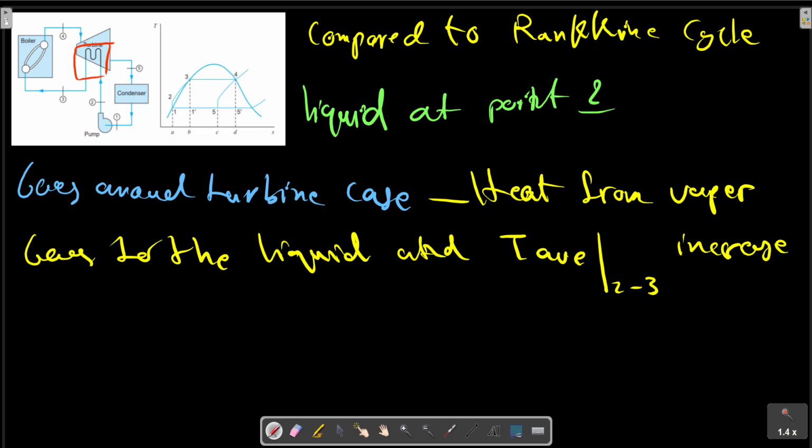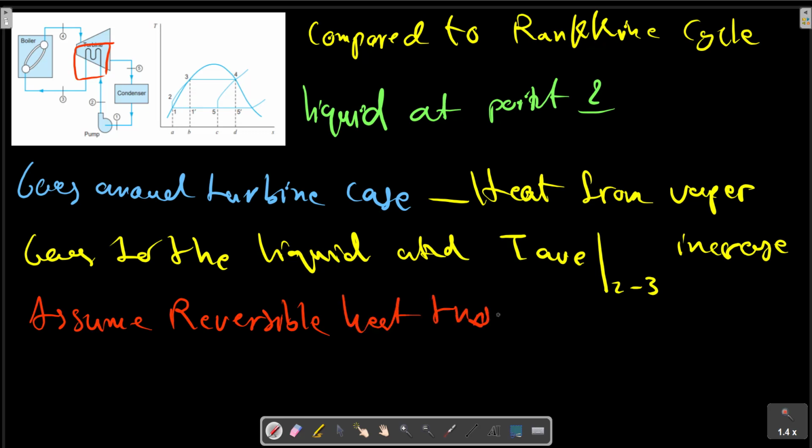Let us assume for the moment that this is a reversible heat transfer. That is, at each point the temperature of the vapor is only infinitesimally higher than the temperature of the liquid.